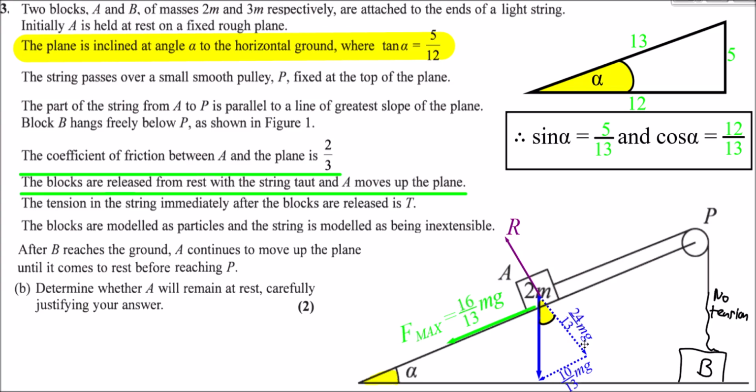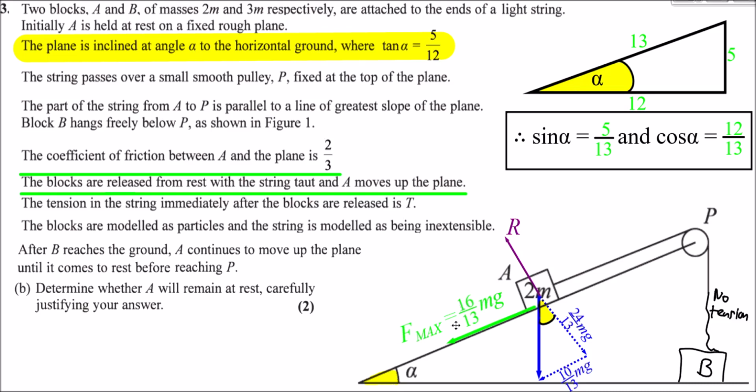Once it comes to rest, this force component of the weight will be acting down the slope, so what will happen now is this friction will actually switch sides. The friction will always try to resist motion, you see, so the motion would tend to go down the slope once this tension vanishes, so the friction will actually work against 10/13 mg.